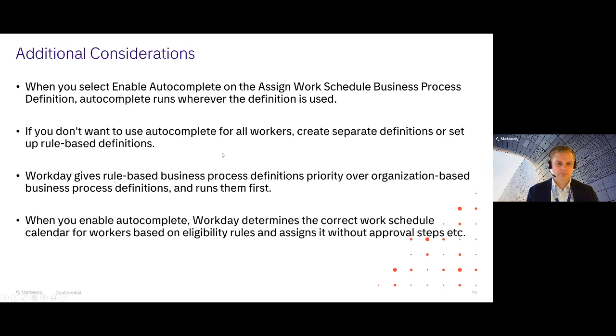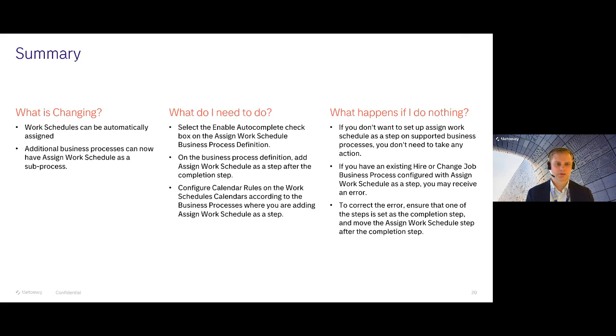You could have across-organization or rule-based definitions, and you might start to understand that this could be quite a complicated framework in at least some companies. In the end, there will be the eligible rules that will assign the calendars, and there might not be any approval steps needed. So that's the good thing.